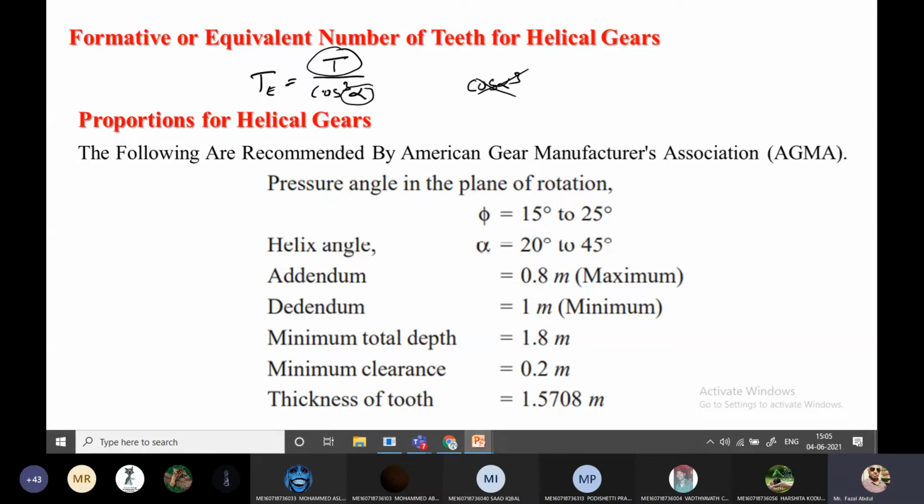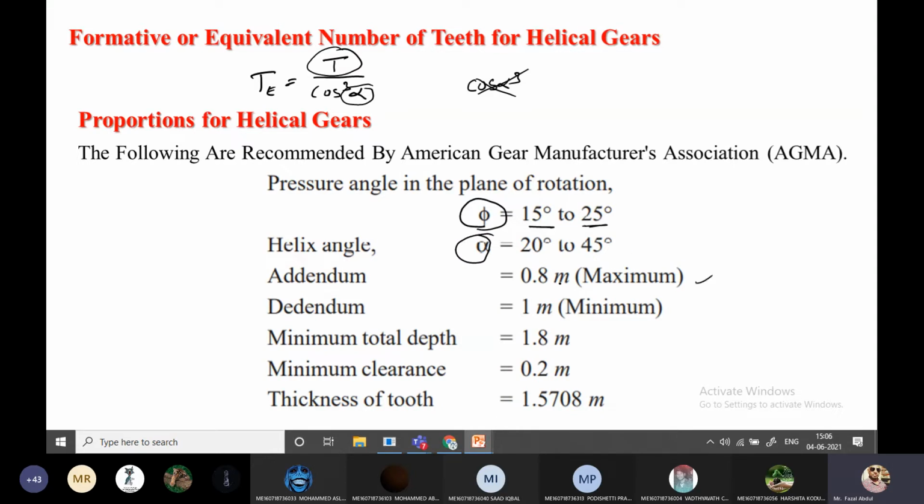Right. Now the proportions for the helical gear. These proportions you need to remember at any cost. They are suggested by the American Gear Manufacturers Association. Based on these proportions, the pressure angle phi is 15 degrees to 25 degrees. It is your wish, Babu, you can select 15, 25, 18, 17, 16, up to 25. The helix angle alpha is 20 to 45 degrees.